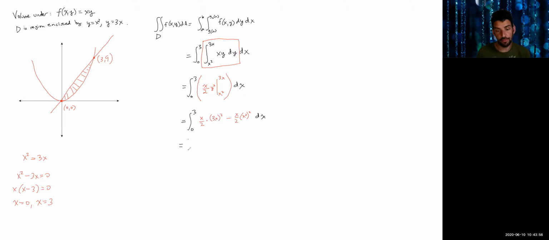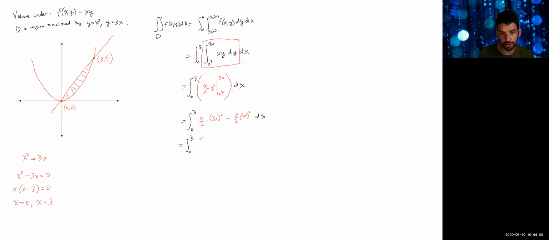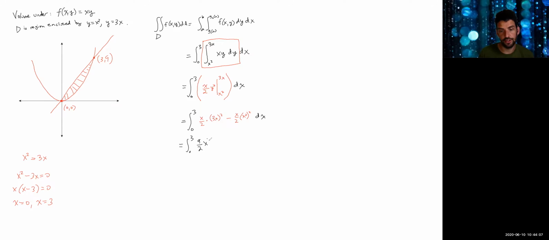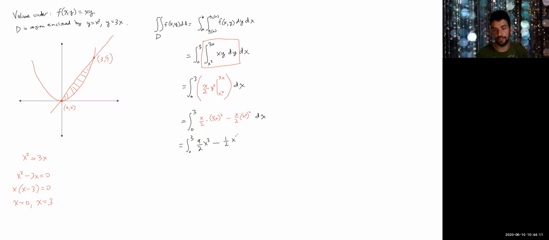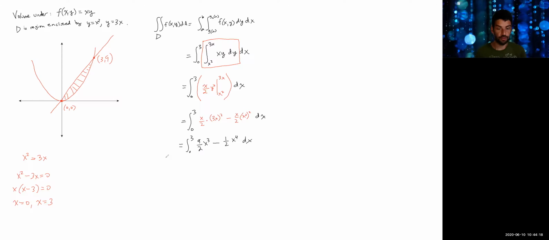So before I take the antiderivative, I'll simplify this. I'm going to have 9x squared times x over 2, which is 9/2 x cubed, minus 1/2 x to the 4th dx.